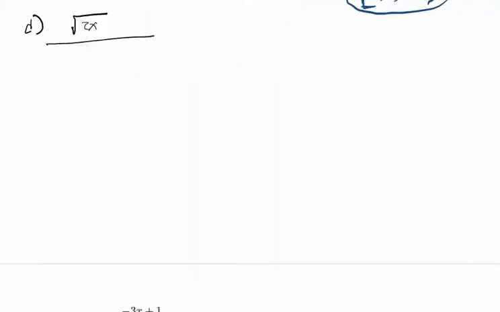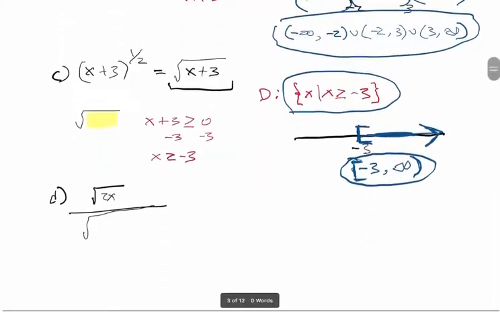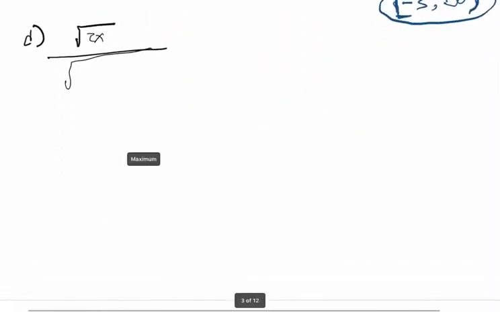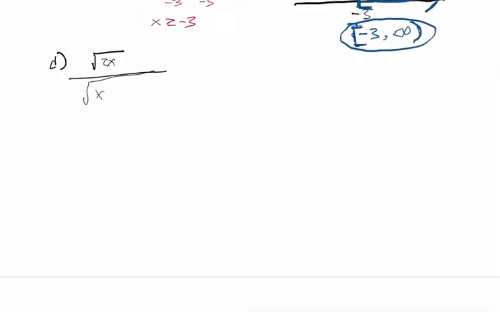So part D, square root of 2x, square root of, what was it, x squared minus 16. Square root of x squared minus 16.